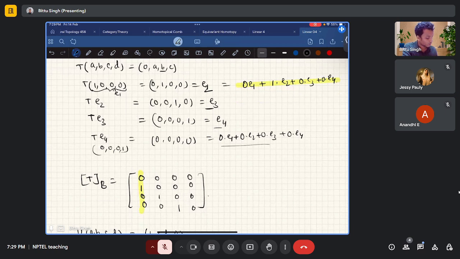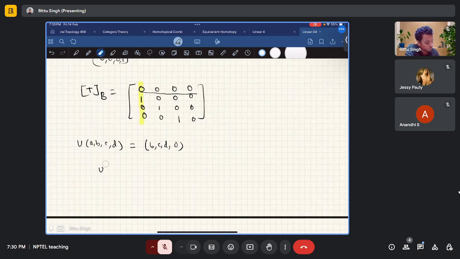That is, multiplying by ABCD will give you this: 0 ABC. You can verify simply. The first entry is 0 because there is a 0 row. Similarly, the second entry is A. So you can see this is the correct matrix representation.